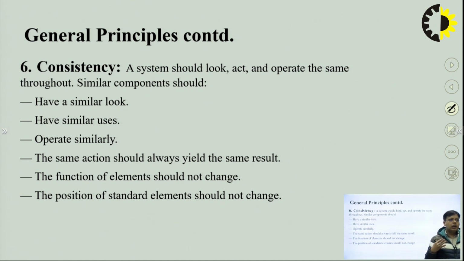When users use an interface frequently, they will predict that a particular button is used for a particular task. If you do not change it on different screens, your system becomes predictable and it enhances the usability of your system, right? So consistency must be maintained in the overall system design. Similar things must be similar on different screens.